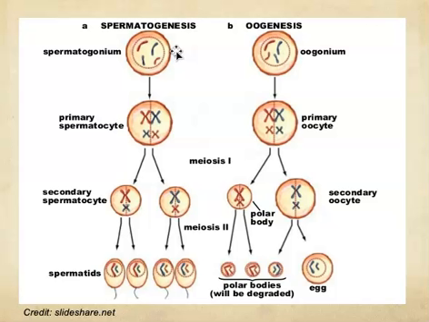They have to have all of the individual types of chromosomes, but just one copy, because they're going to come together with eggs that all have one copy of each type of chromosome. When the egg and the sperm come together, now we will have an embryo that has two copies of each type of chromosome.